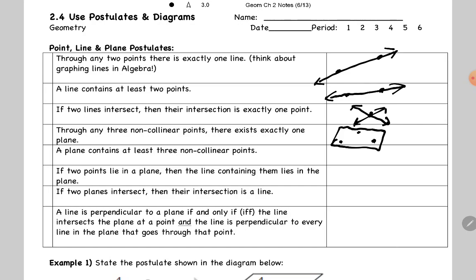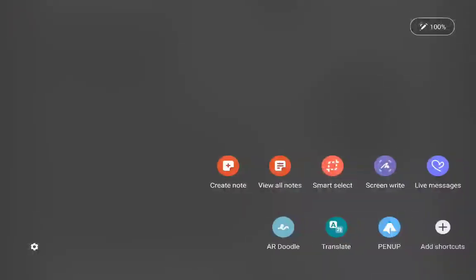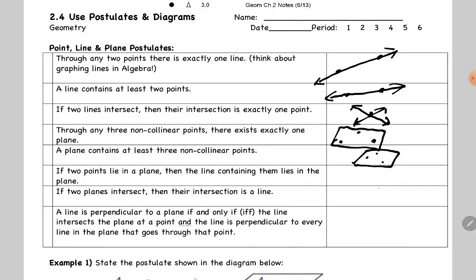There exists exactly 1 plane for these 3 points. And then a plane, so we start out with a plane, contains at least 3 non-collinear points.